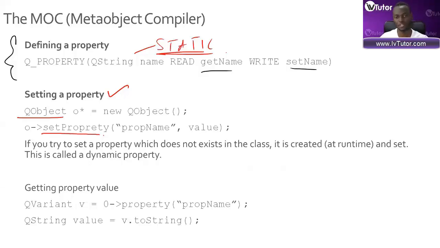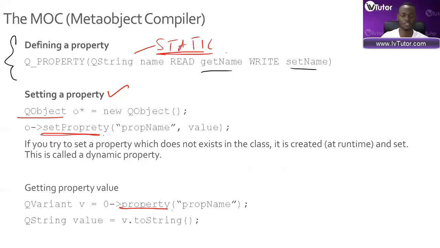And the second function is property, not getProperty. It's a very common mistake. Most guys go setProperty, getProperty. No. setProperty is the function you then use to set the value of a property on your object, and property is the function you use to get the value of a property on your instance.